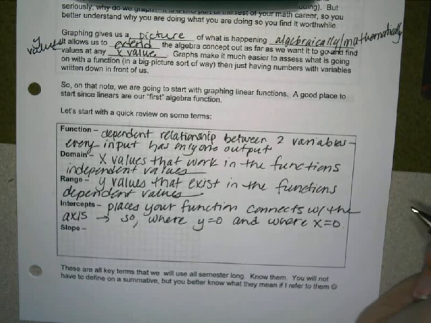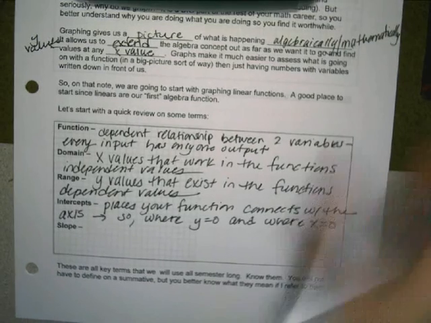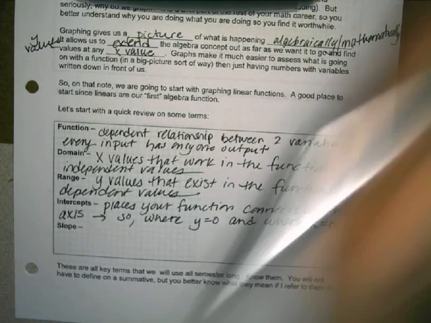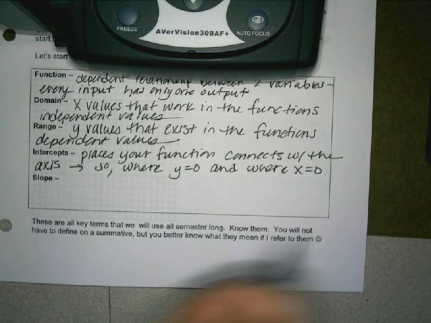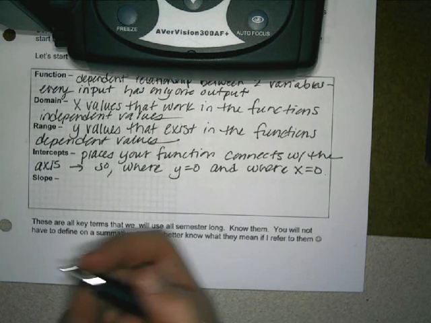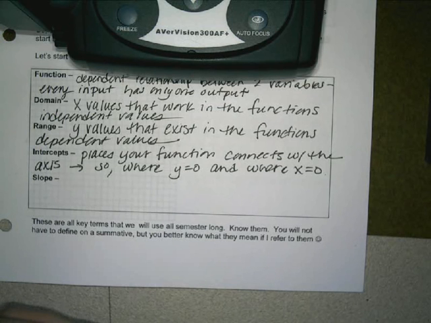Basically the spots on the graph that will connect or intersect the x and y axis. Usually, and I'll say this over and over again, the most important points for any type of function that we have are max or min points, if those exist in the function, and then intercepts. Usually the intercepts and the max and min points, if we're looking at a real life situation, they're the ones that tell us the most information about what's going on in that situation. So those are what I call the most important points, the intercepts and the max and min points.